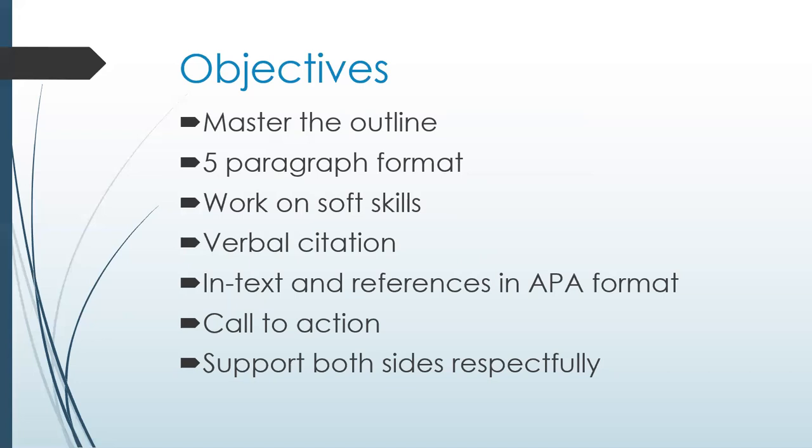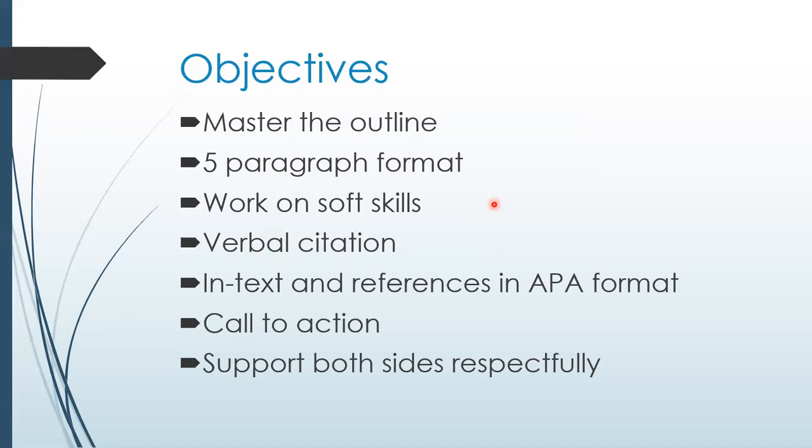A verbal citation in this context is going to be using the name of the author and usually some criteria that shows who they are, or gives some background that helps provide credibility for that author that you selected.